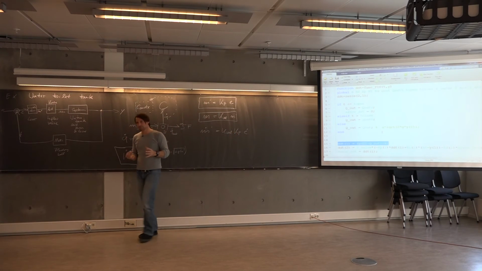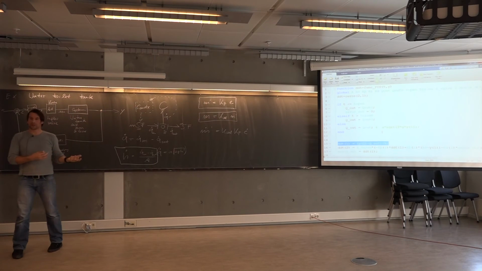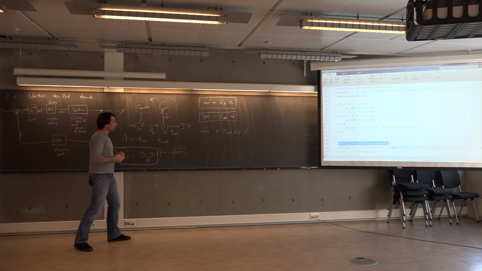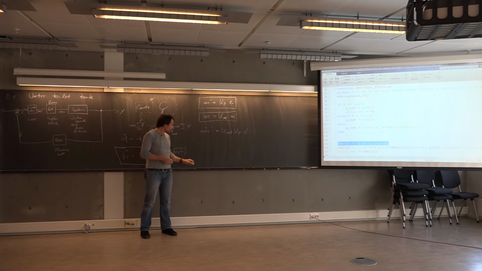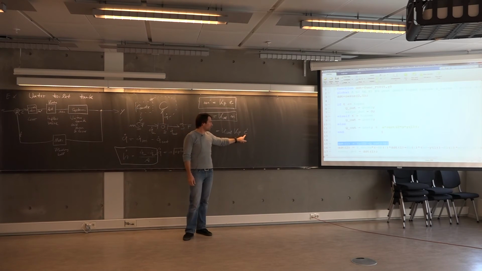The valve, we assume this to be linear in this case, so the valve constant doesn't change. And the controller gain also is a constant value. So we relate the rate of change of this manipulated variable to the rate of change of the error.